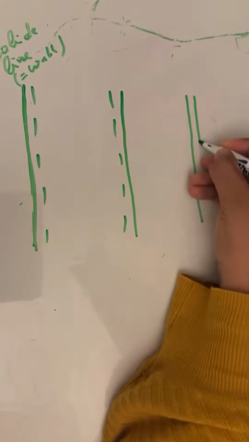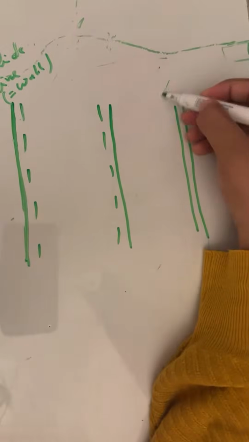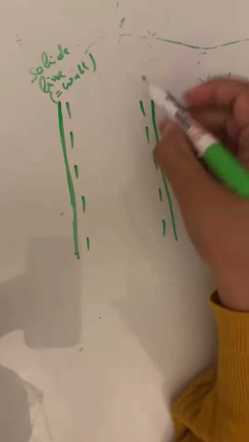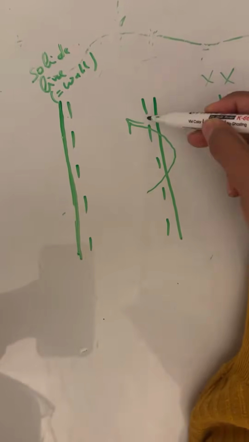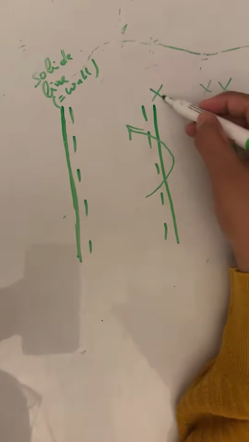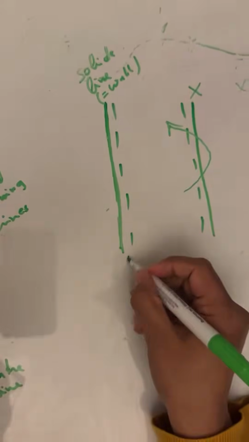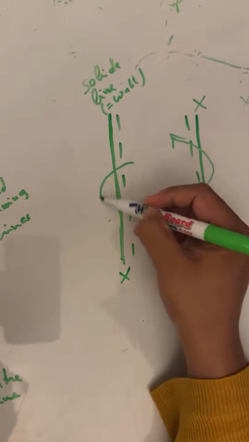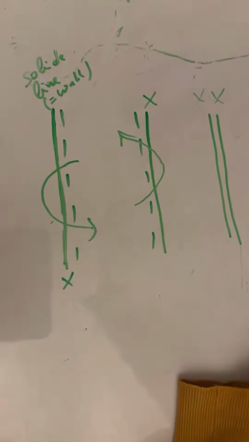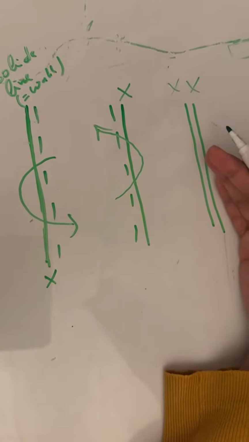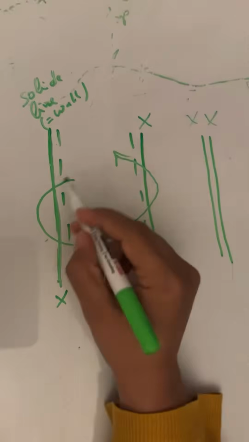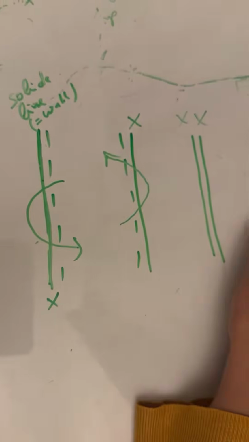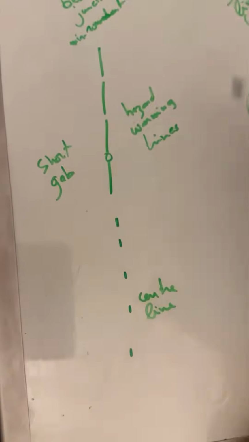In that case, both of you are not allowed to overtake or cross. If the solid line is nearby you, you should not cross it. Otherwise, it's fine. So we've covered hazard warning lines and solid lines.